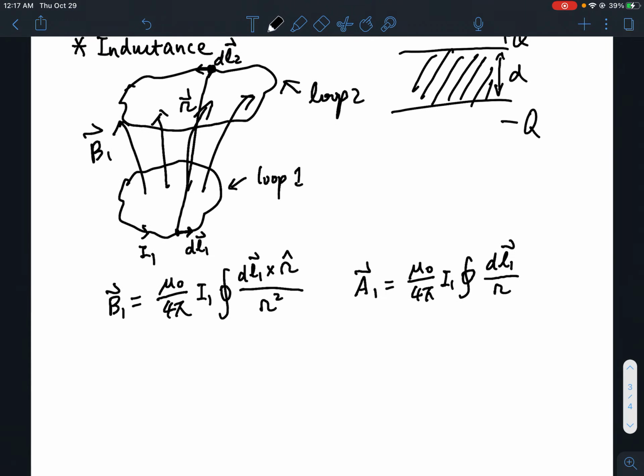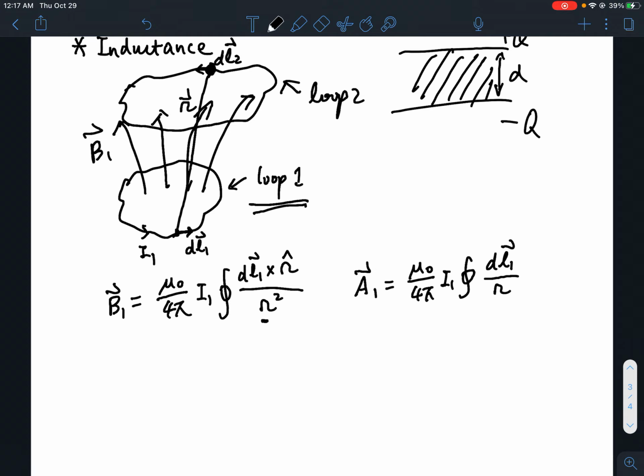This loop 1 will create some magnetic field at a distance r away from this point.